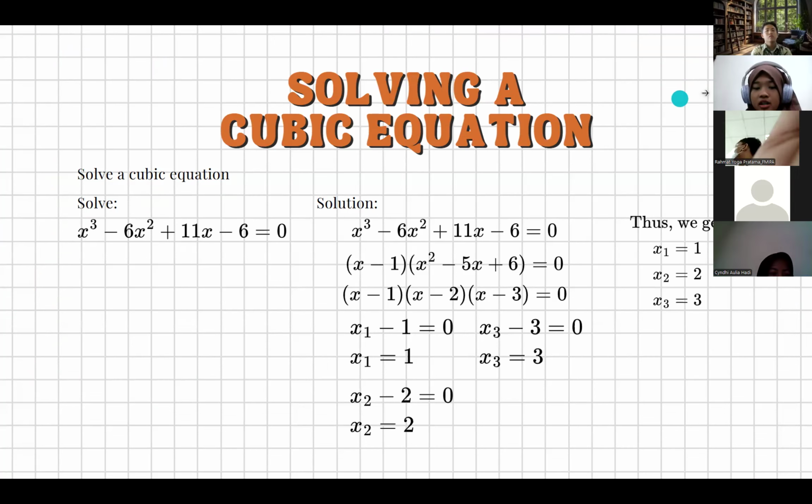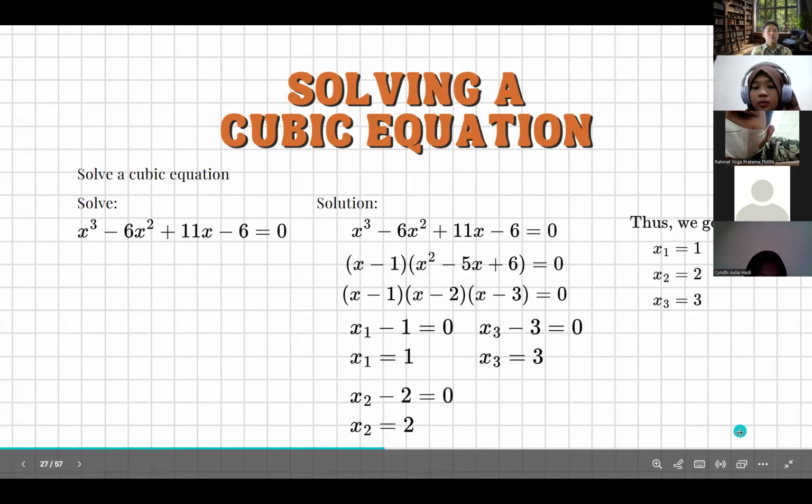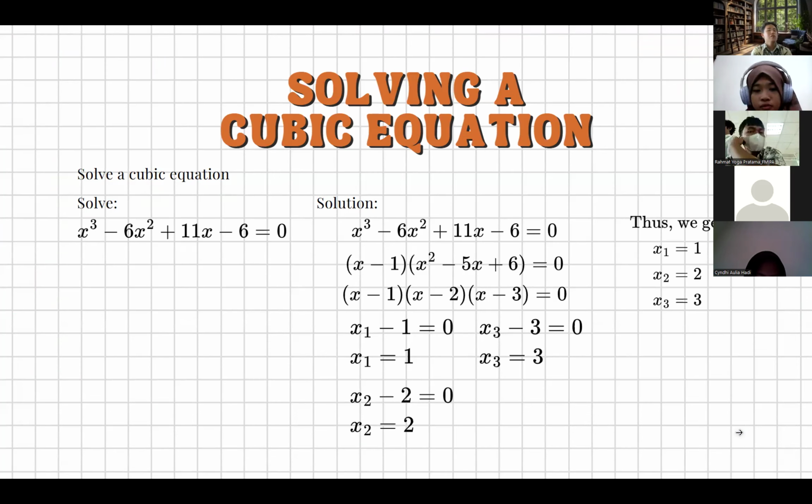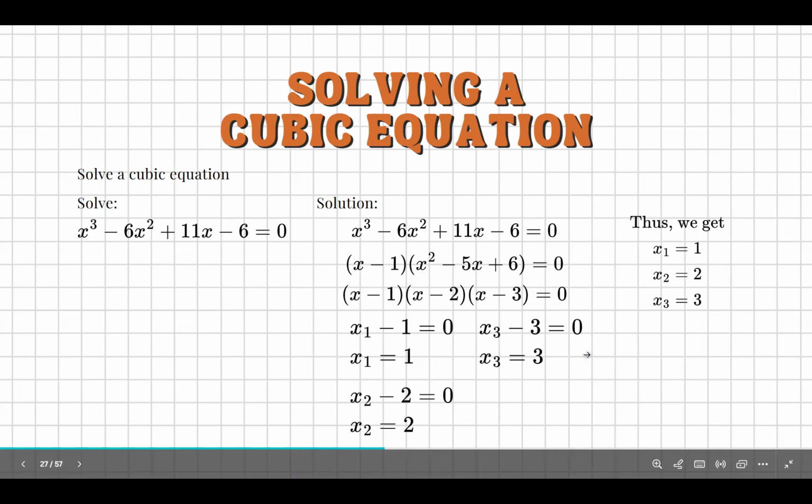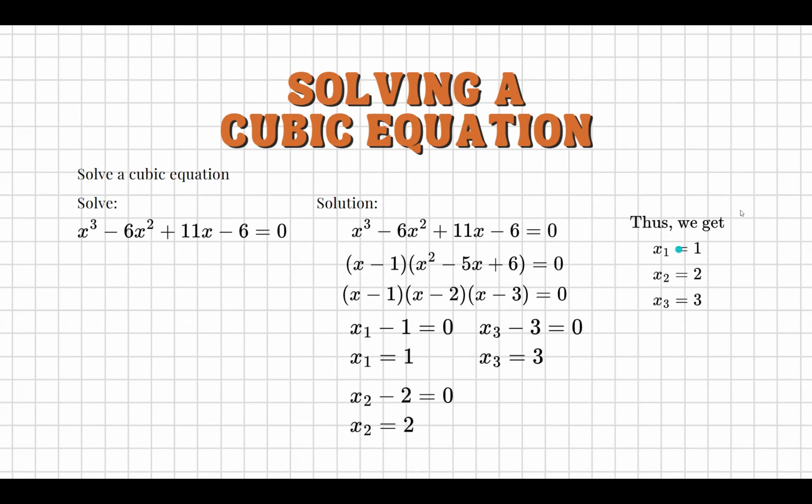We get the first factor x minus 1, multiplied by the second factor x squared minus 5x plus 6 is equal to 0. Factorizing x squared minus 5x plus 6, we get x minus 2 and x minus 3. So we have three factors: x minus 1, x minus 2, and x minus 3.